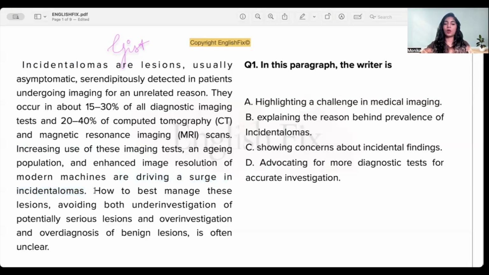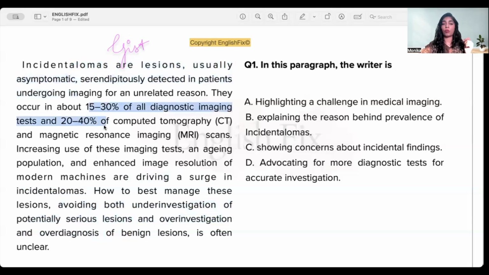Now, after that, it mentions that how to best manage these lesions, in other words the incidentalomas, by avoiding both under-investigation of potentially serious lesions and over-investigation and over-diagnosis of benign lesions, is often unclear. This is something very interesting that I find in the last sentence. That's because what they are telling me is that, listen, I gave you the basic definition.